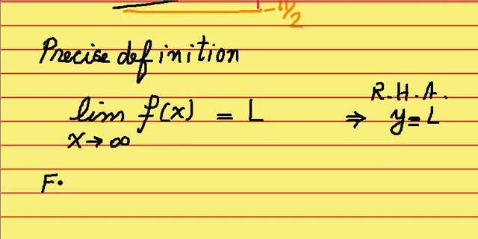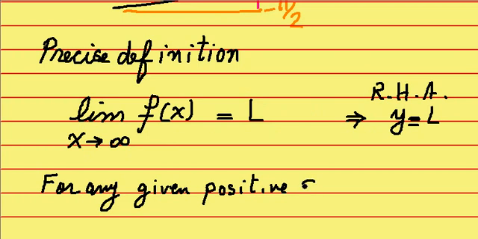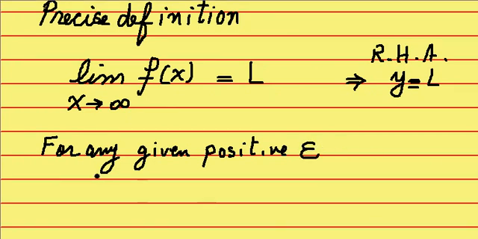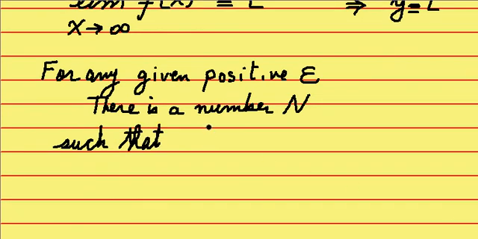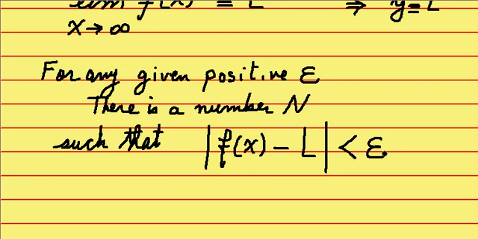It means that for any given positive epsilon, there is a number, let's call it n, such that f of x and the final destination L are within epsilon of each other whenever x has exceeded n.